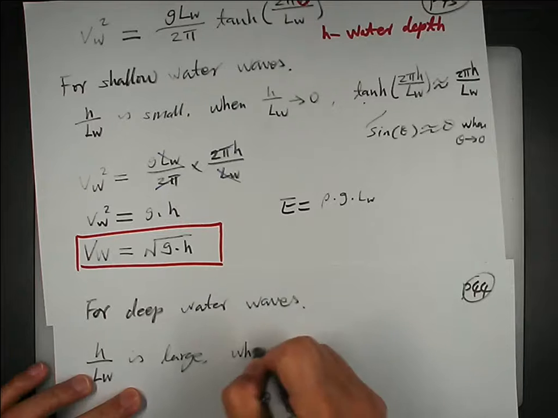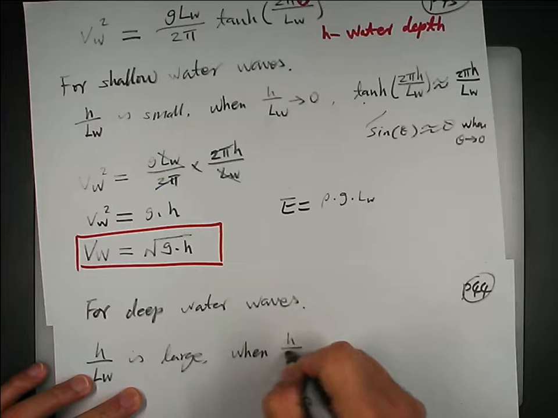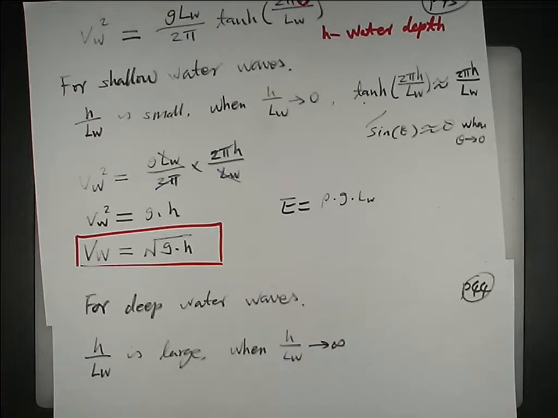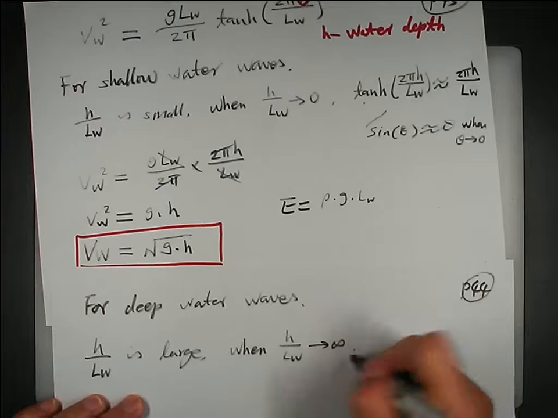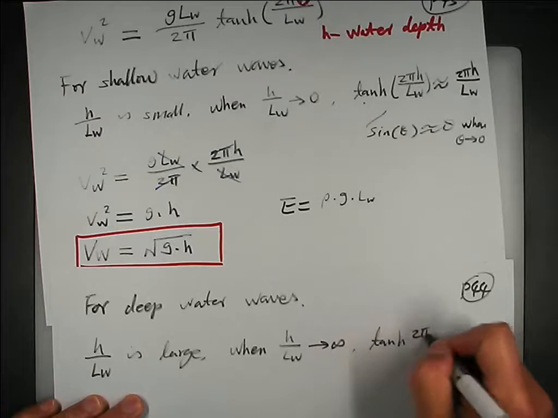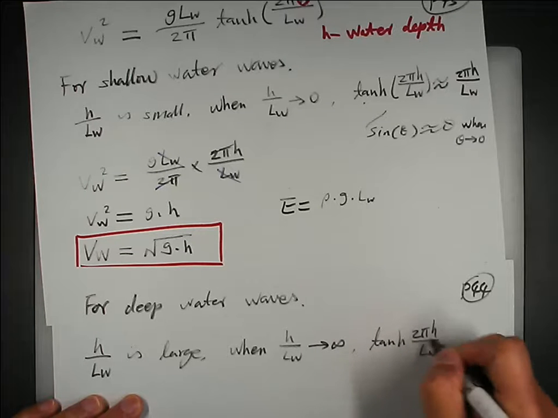So when the value H over L W tends to be a very large number, an infinite number, then the tangent H of 2 pi H over W.